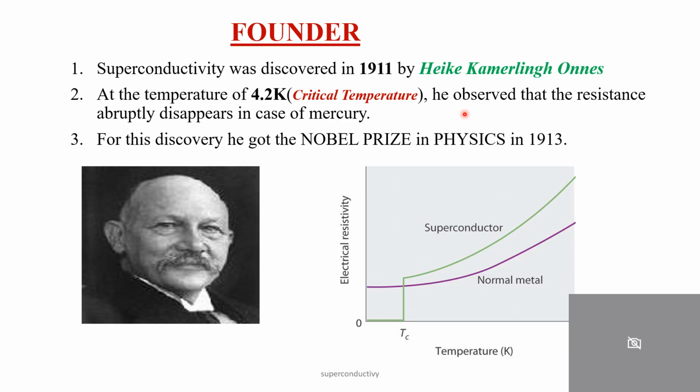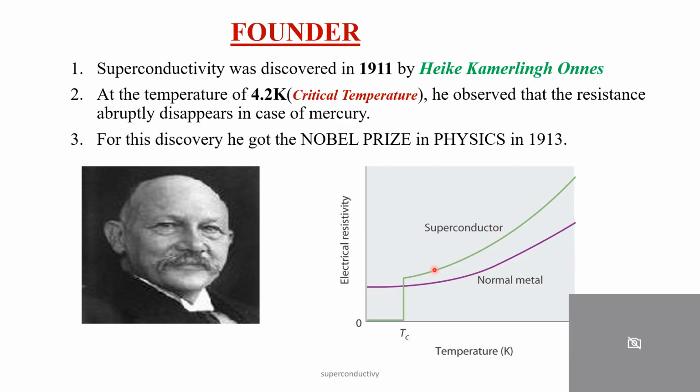He saw that the electrical resistance suddenly decreases to zero below a particular temperature. The particular temperature is called the transition temperature or the critical temperature. From this figure we see that in case of normal metals, as we decrease the temperature, the resistivity decreases, but it never goes to zero.